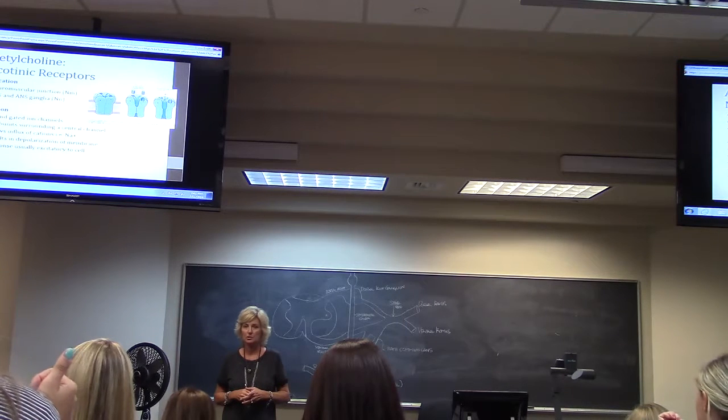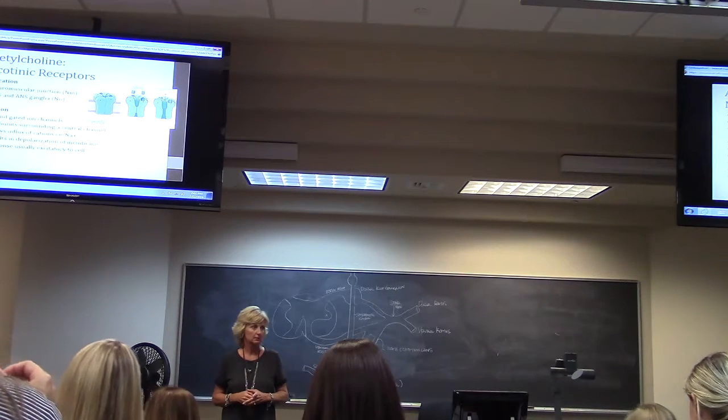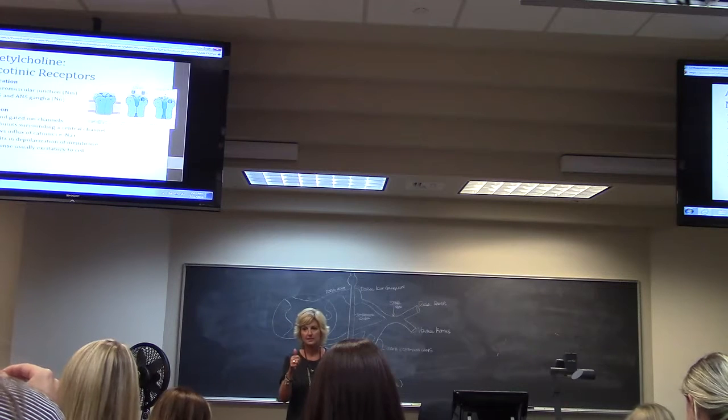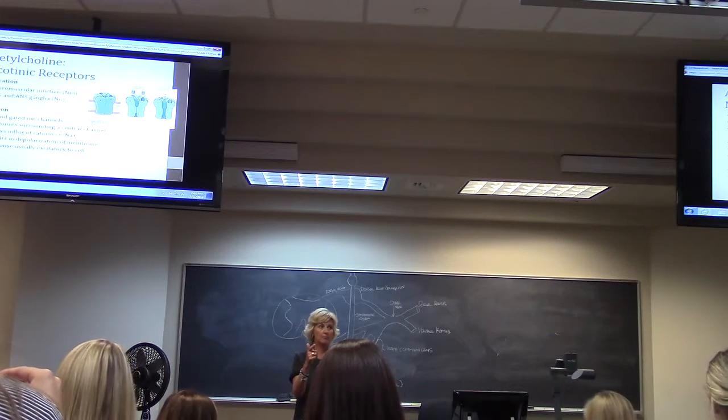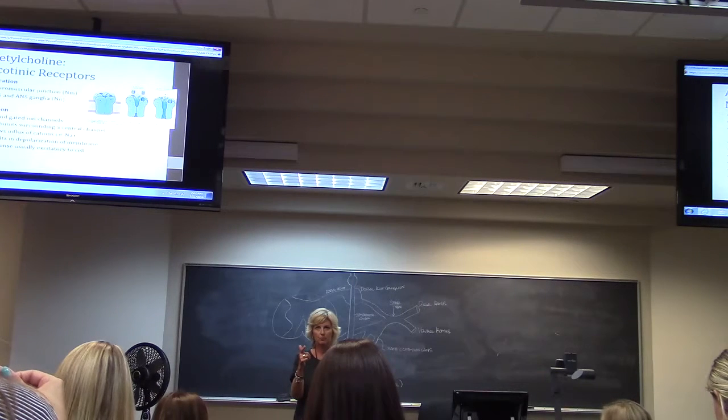Nicotinic receptors receive acetylcholine either at skeletal muscle or at postganglionic plasma membranes of the autonomic nervous system.